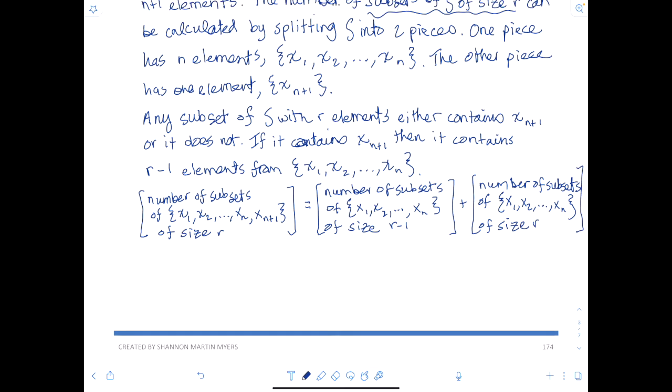Because if the set doesn't contain x sub n plus 1, then it has to be a set of size r that you're choosing from x1 down to xn.